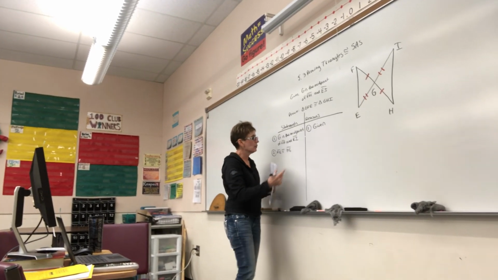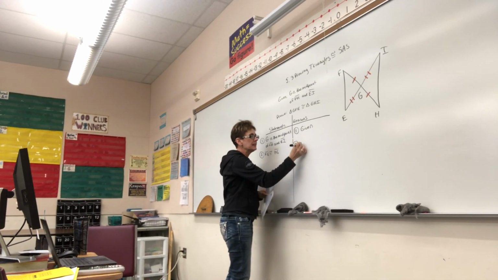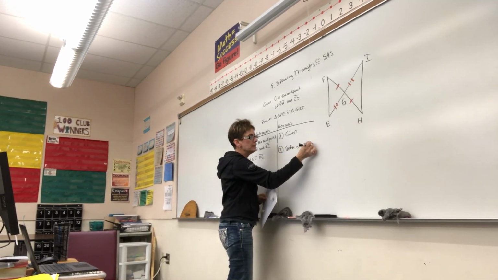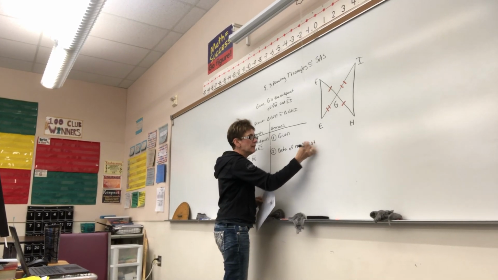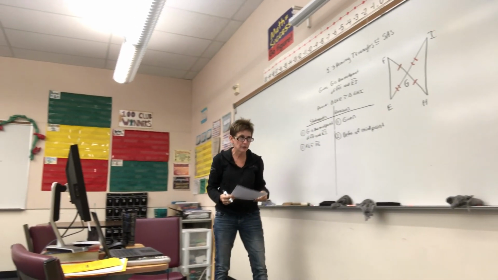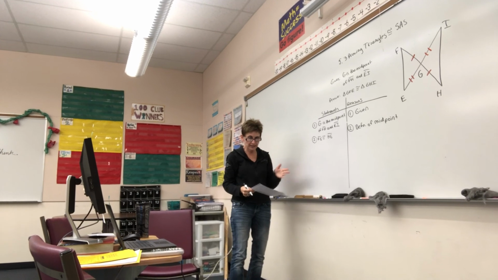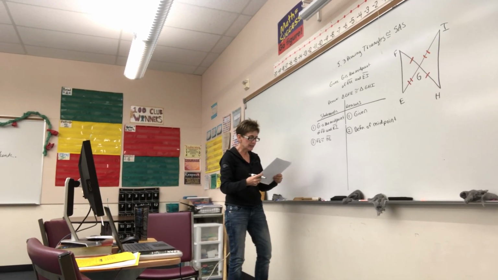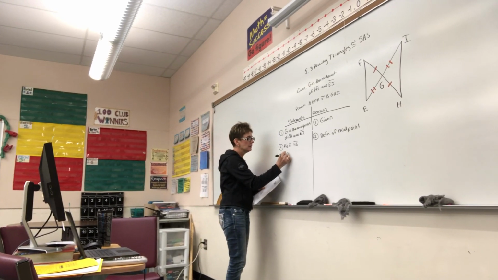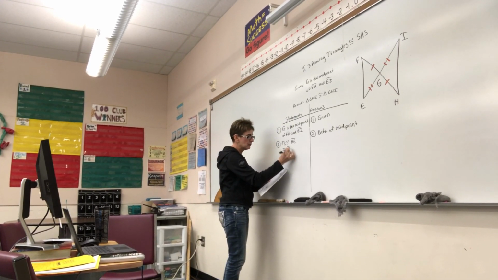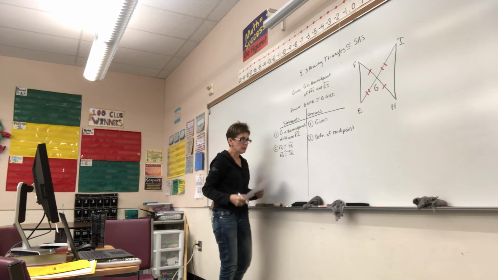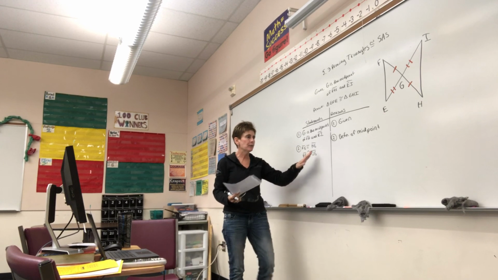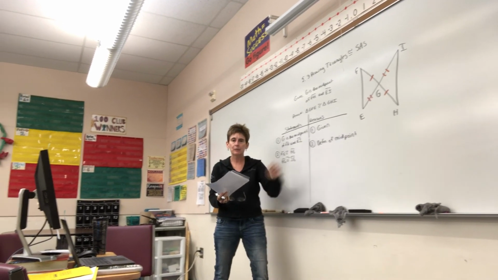So if you look in your word bank, you can see the reason is definition of midpoint. That is the definition of a midpoint, that it cuts a segment into two congruent halves, or that it runs right down the middle. For that same reason, we can also say that EG is congruent to IG. So we don't actually have to write two separate statements. We can put all of that information here and use the same reason for both.